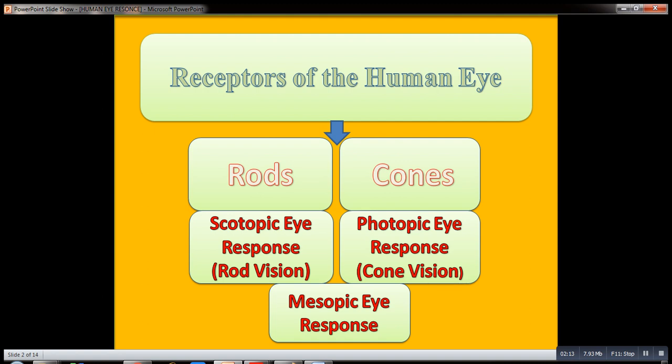Cone cells are densely packed in the fovea centralis, and quickly reduce in number towards the periphery of the retina. There are about 6 to 7 million cones in the human eye, most concentrated towards the macula. Macula means oval spot near the center of the retina.